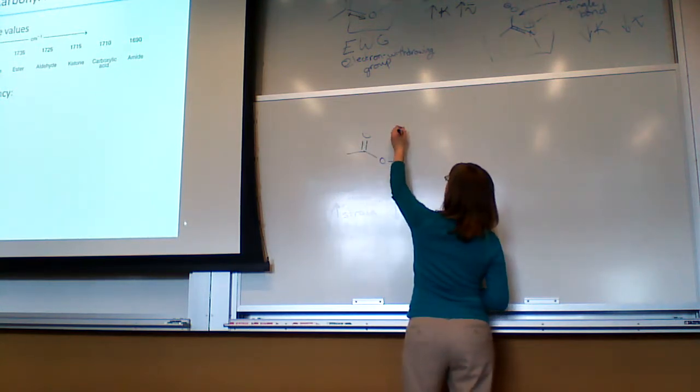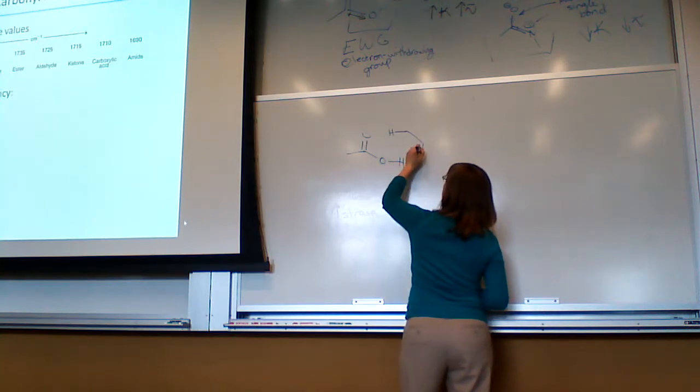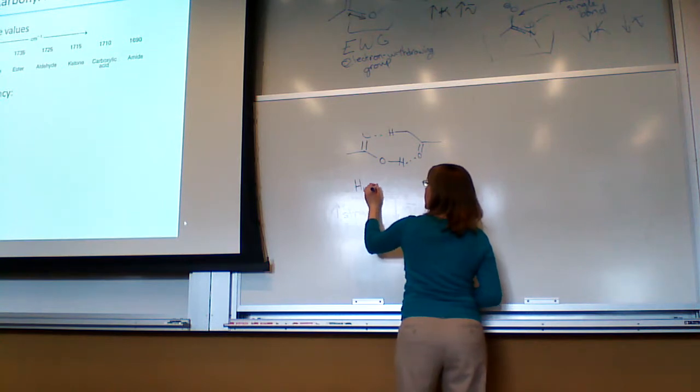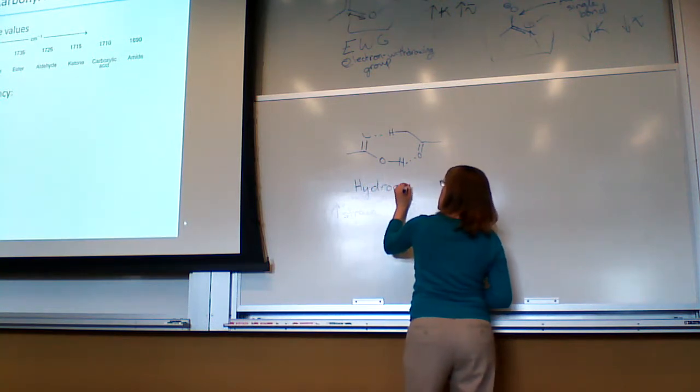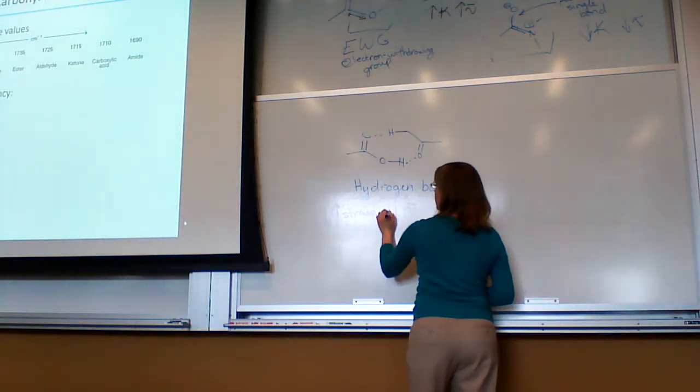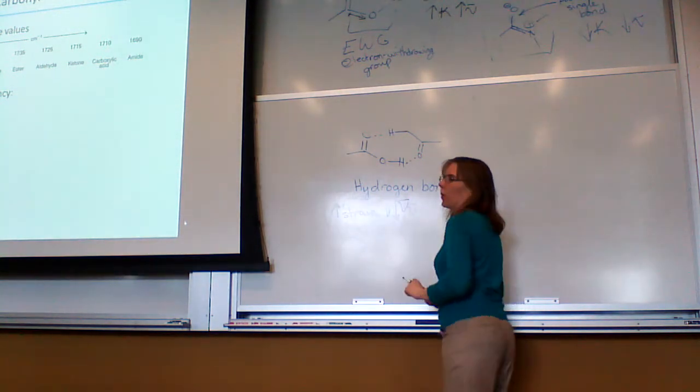You remember that was the dimer that could form. And hydrogen bonding decreases the wave numbers.